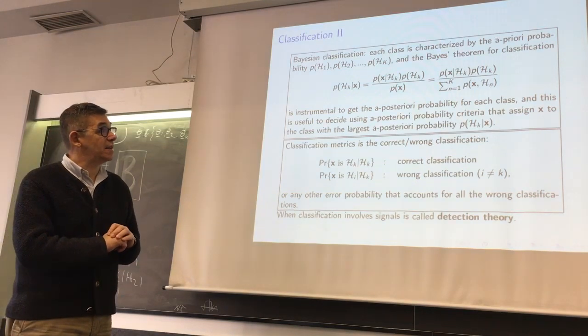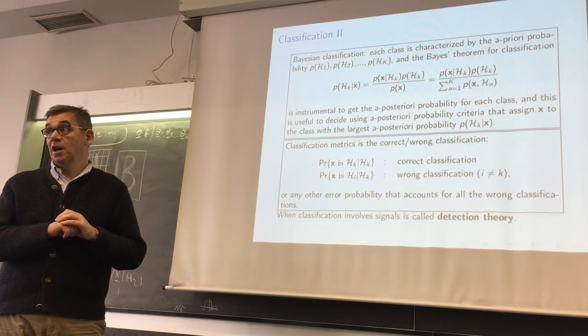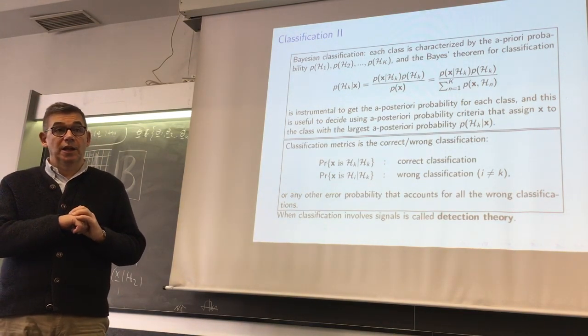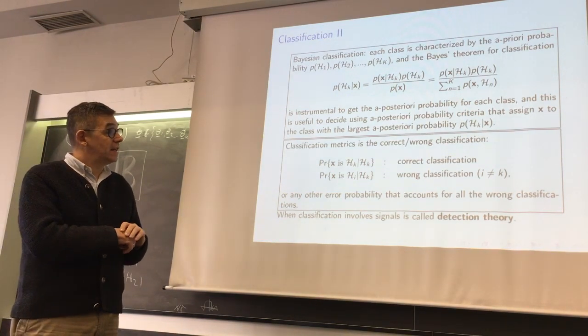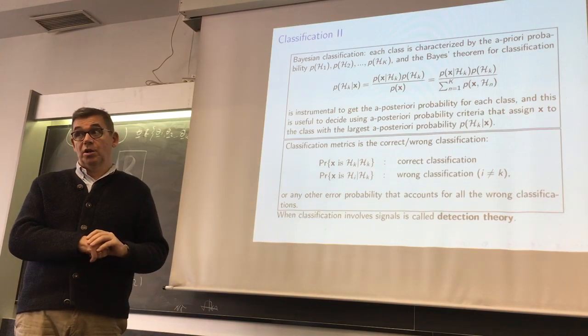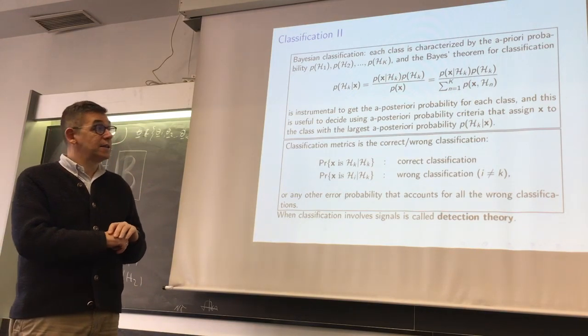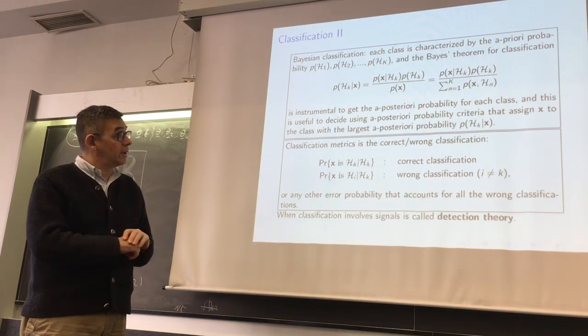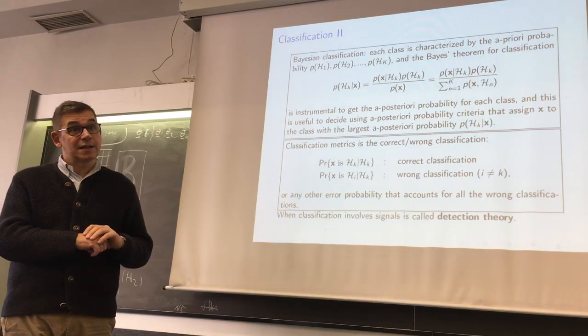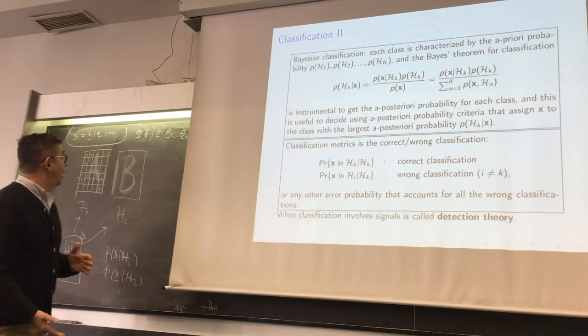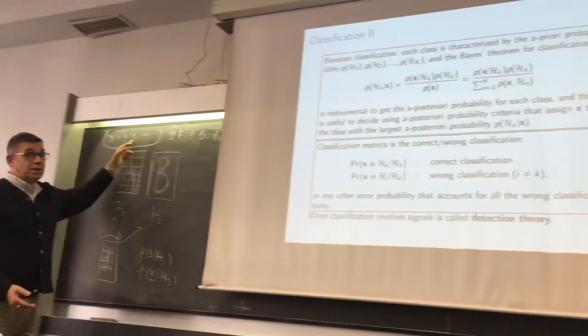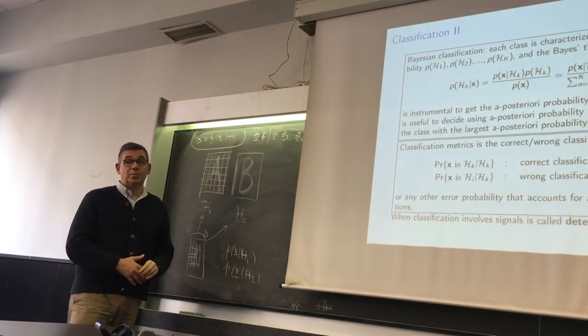This means that the different classes have a different probability. And so depending on the a priori probability of each individual class, I can calculate the a posteriori probability, and then decide for the class that has the highest a posteriori probability. Put in another way, I can decide the parameter that has the maximum a posteriori probability.